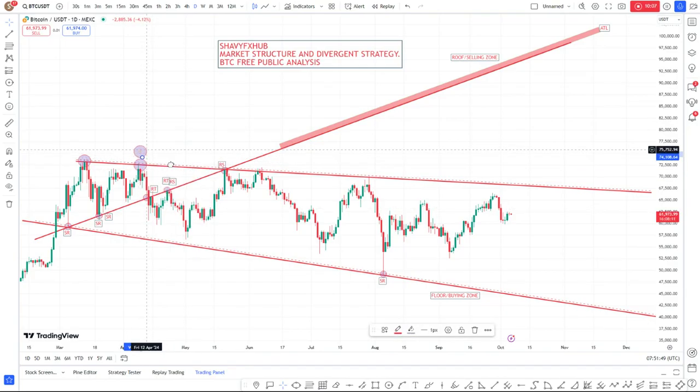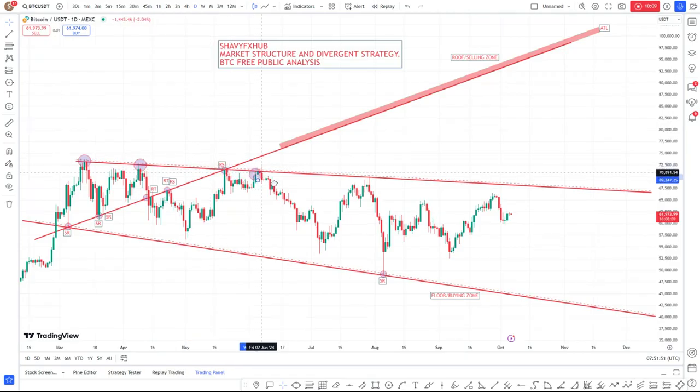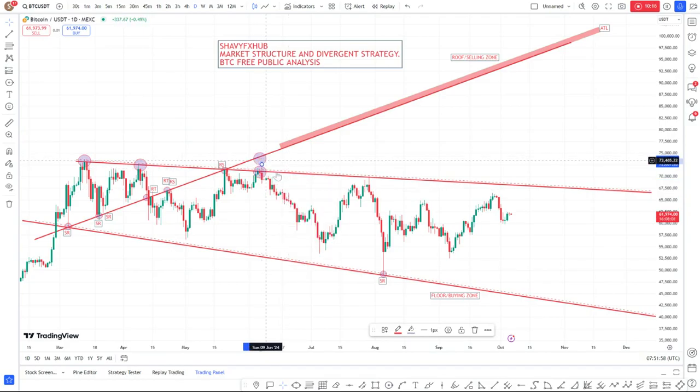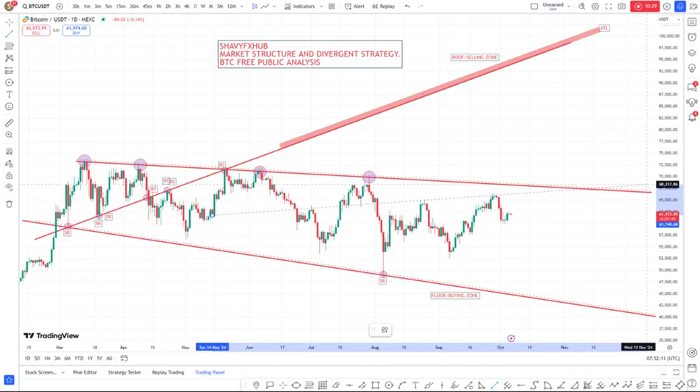Every time it touches this roof, it takes profit, sells. Every time it comes to the roof, it takes profit, sells. And in the current price action, we have another break and retest from this level.